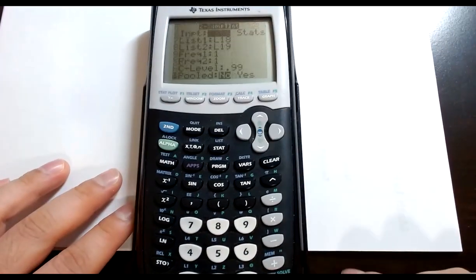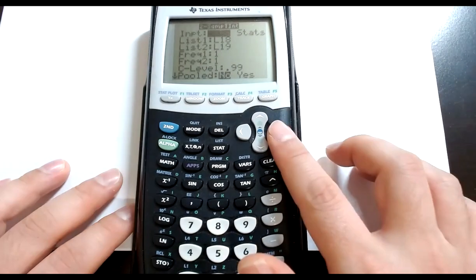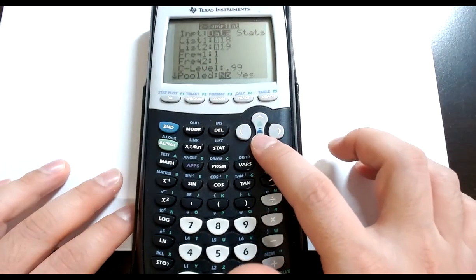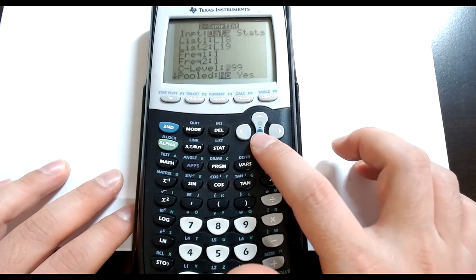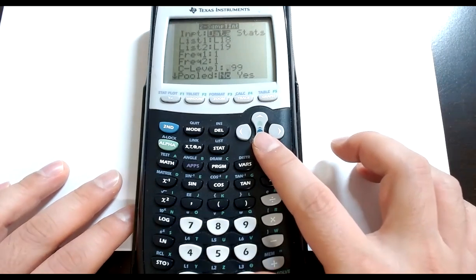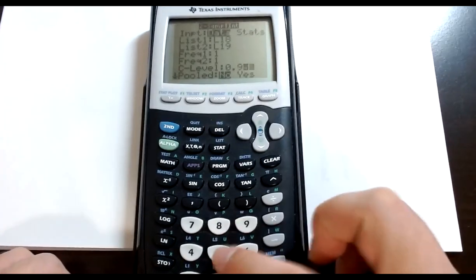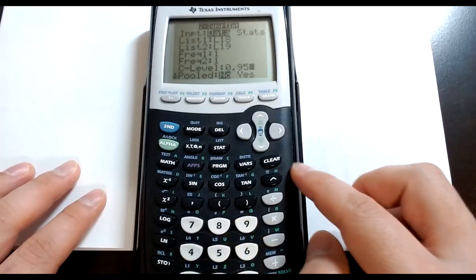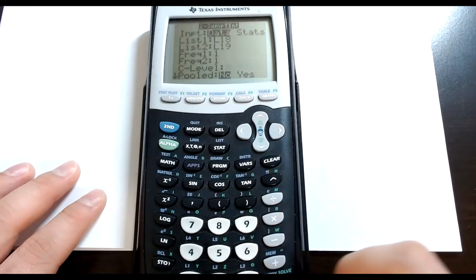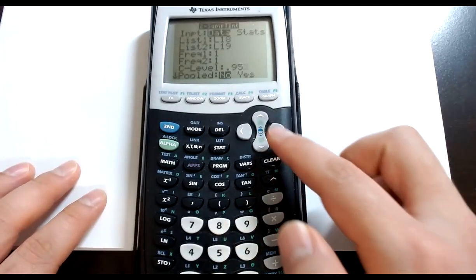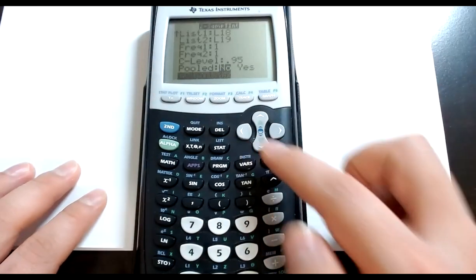So we enter, and then we use the data, right? So L18, L19. Okay. So C level is not 99%, but 95%, which is 0.95, right? Either one is just fine. The pool, we choose no, and then we calculate.